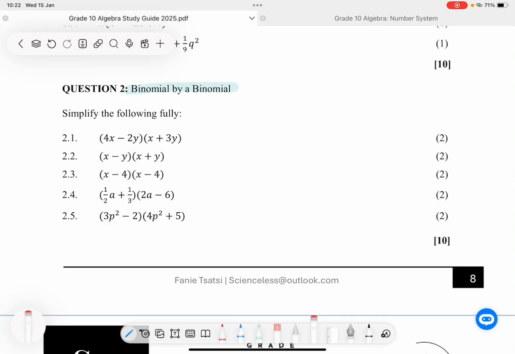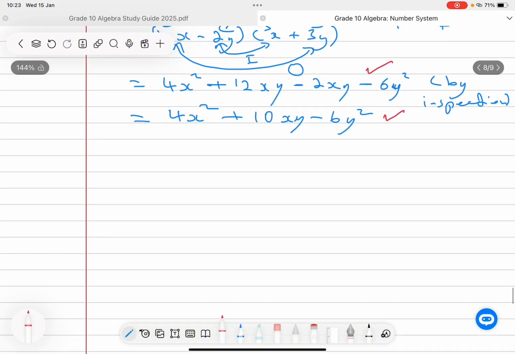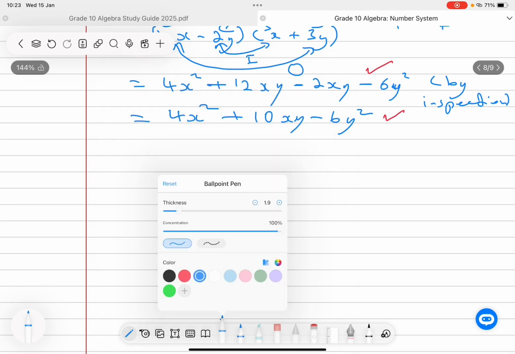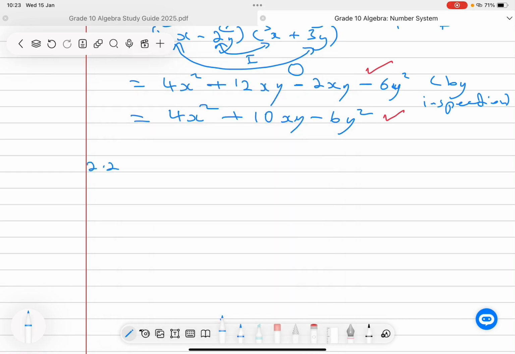Now we'll jump to the second question, 2.2, and we are given x minus y, x plus y.